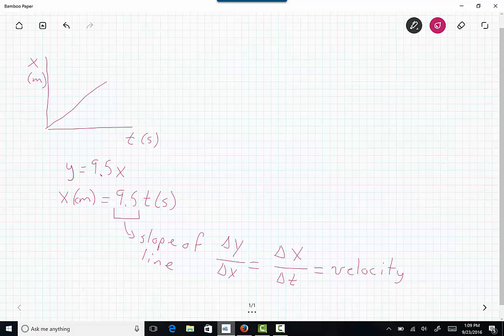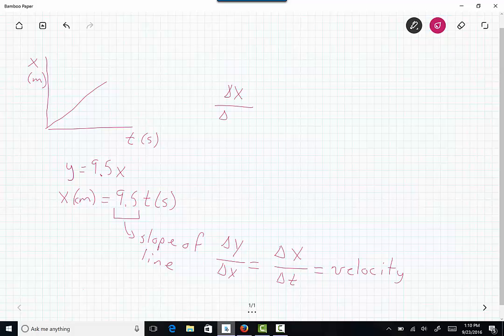The reason it's a velocity and not a speed is because we can have a negative slope as well, and because this is positive, it is telling us that it is in the positive direction.